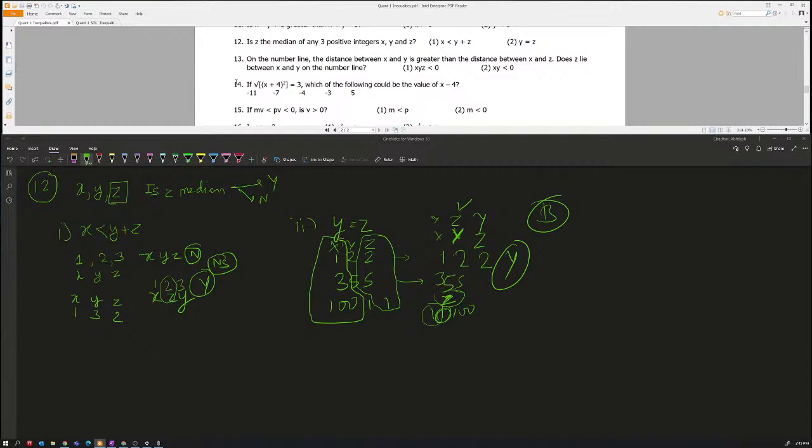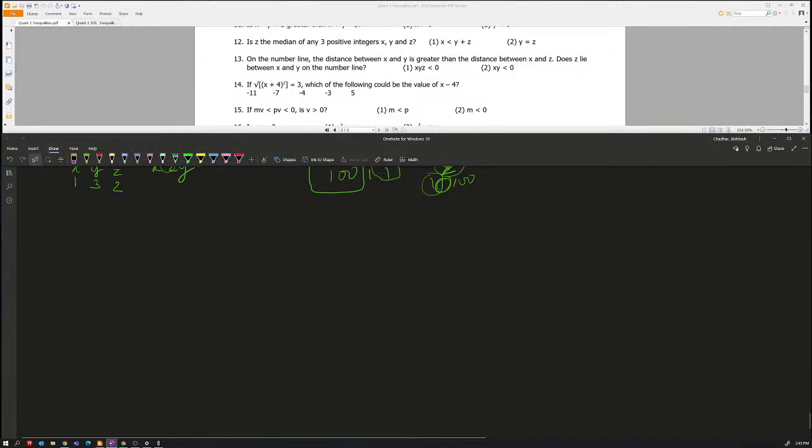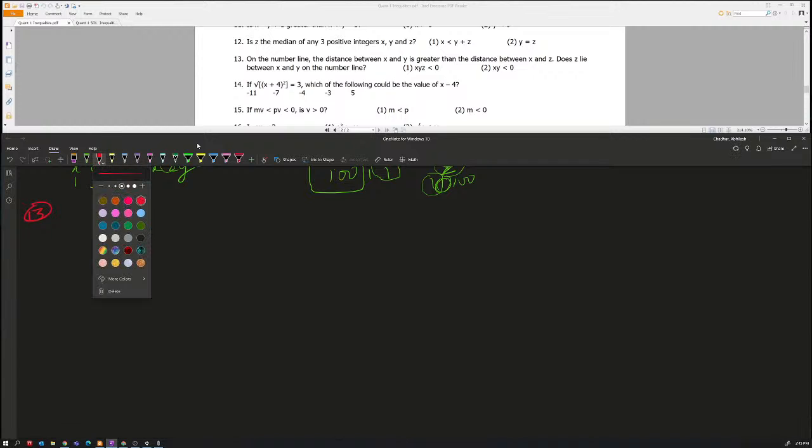Let's see question number 13. On the number line, the distance between x and y is greater than the distance between x and z.